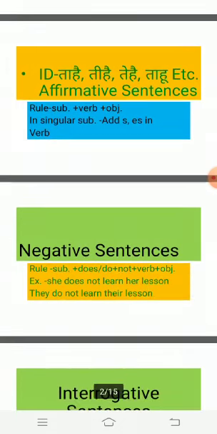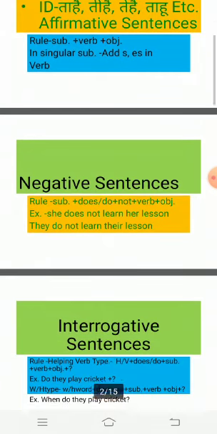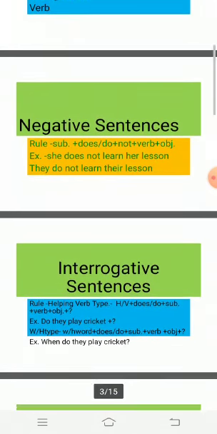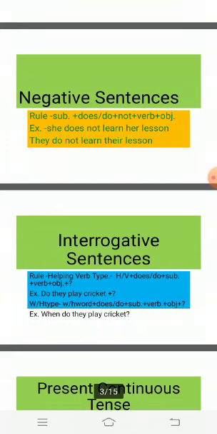Now I am going to start negative sentences. Okay, in negative sentences we use do not or does not. Does not is used for singular subjects and do not is used for plural subject, and the whole rule is subject plus do not or does not, then verb.